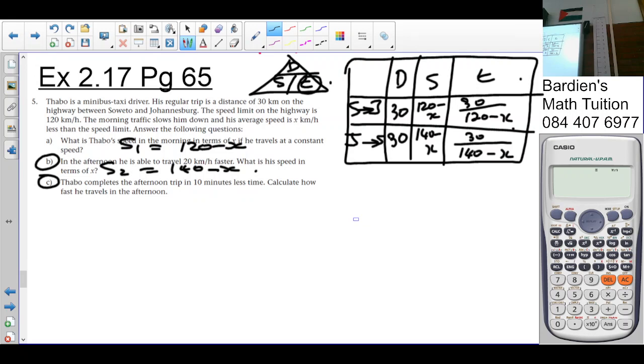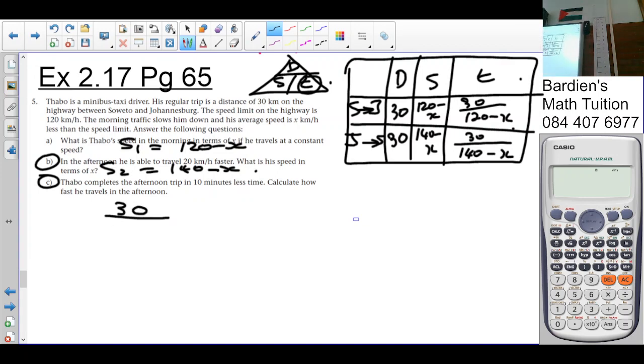We must calculate how fast he travels in the afternoon, in other words, your T2. Which trip is faster, the afternoon or the morning? Which one is bigger in terms of time? The morning. So we always take the bigger one minus the smaller one.